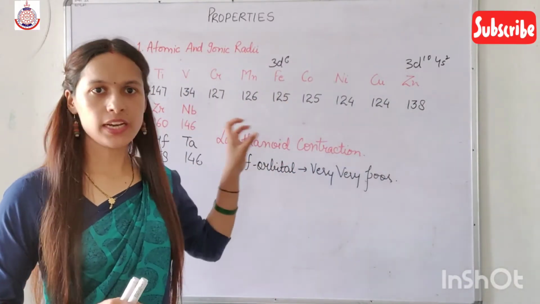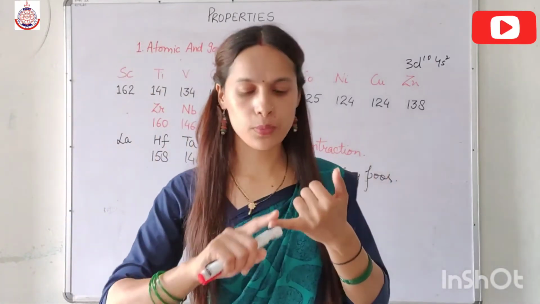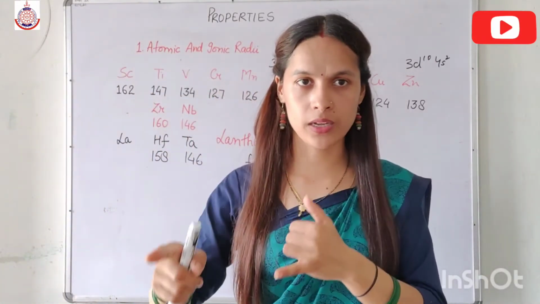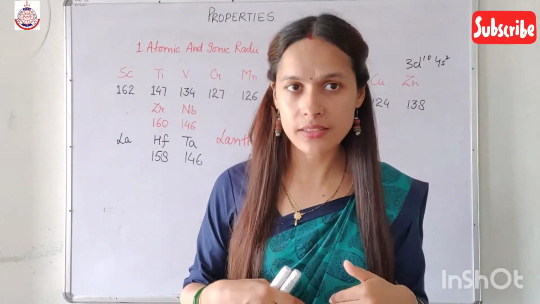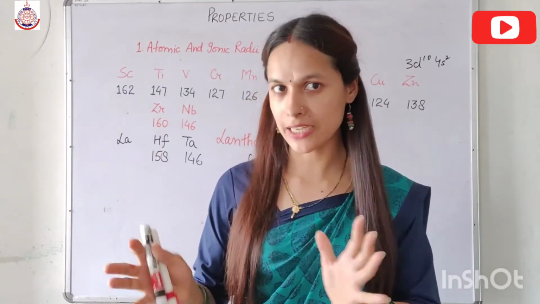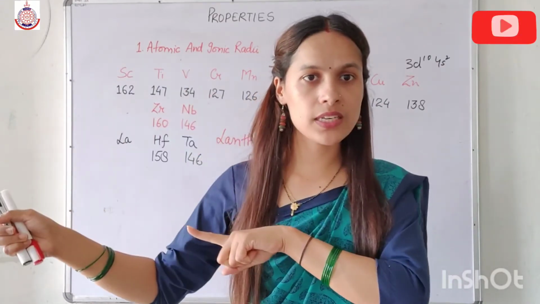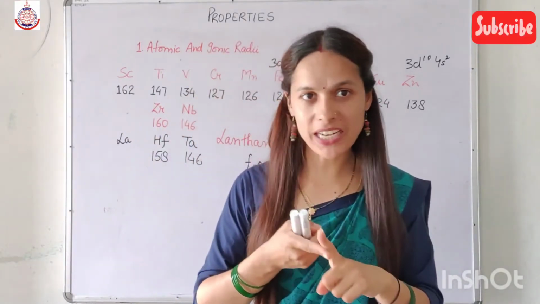So this is all about the atomic radii: when we move left to right in a period, first atomic radii decreases up to half of the series, and after that the decrease is very small due to the increased shielding power of the overall d electrons. At the end of the series, there is again an increase in the atomic radii due to the d-d repulsions.